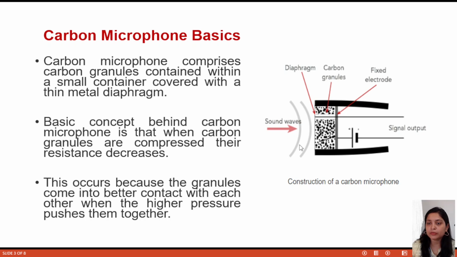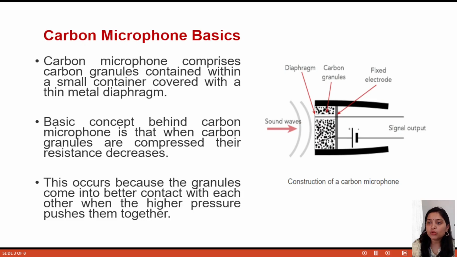A microphone is a transducer that converts sound waves into an electrical signal. Here, the sound wave will hit the diaphragm. This is a thin diaphragm in the front, and in the back there is a fixed electrode, and between the diaphragm and the electrode there are carbon granules.